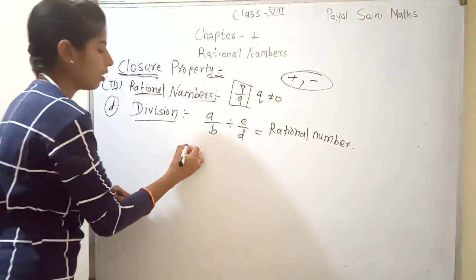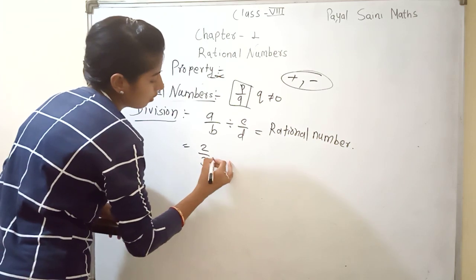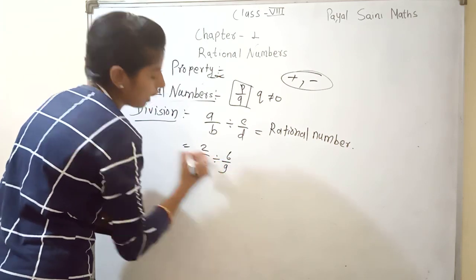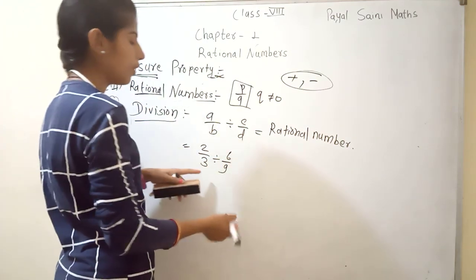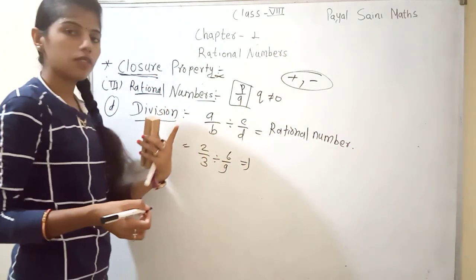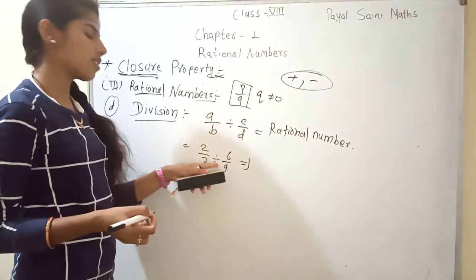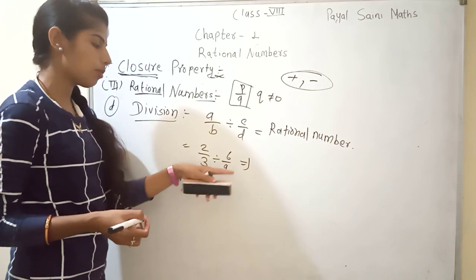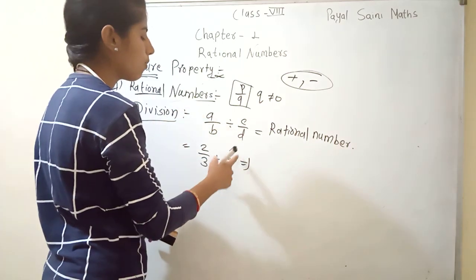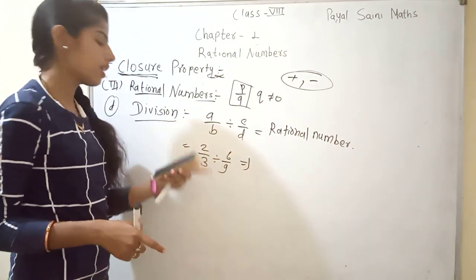For example, 2 by 3 divided by 6 by 9. What do we do? When the sign is divide, we take the reciprocal of the second rational number, and the sign is changed to multiply.